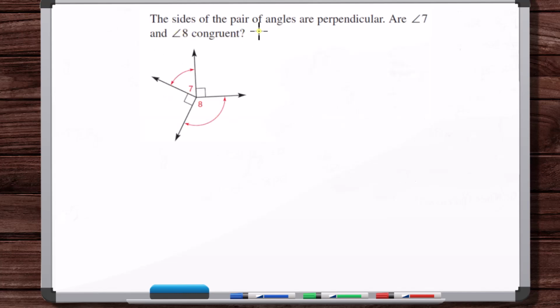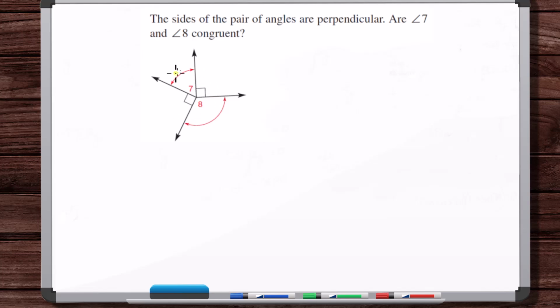All right, the sides of the pair of angles are perpendicular. Are angle 7 and angle 8 congruent? So let's see. This angle is perpendicular. It doesn't look visually like angles 7 and 8 are going to be congruent. But what would a relation between them be?